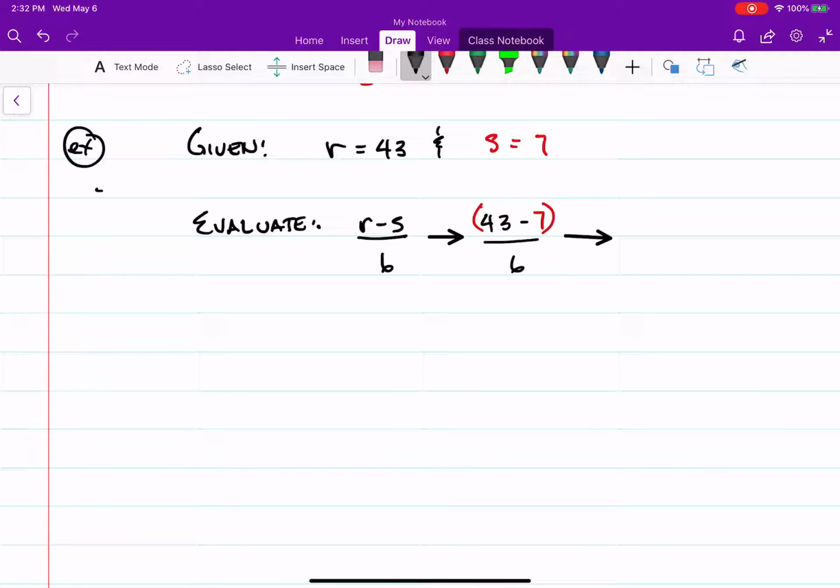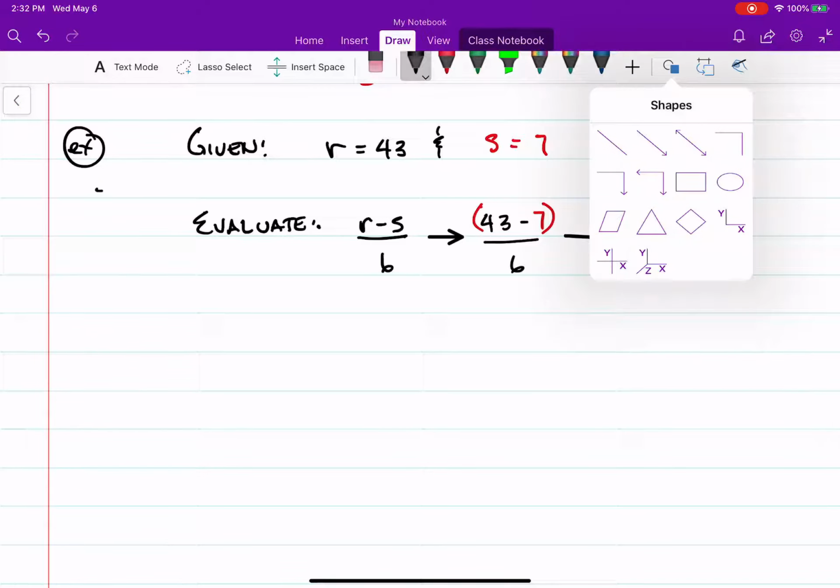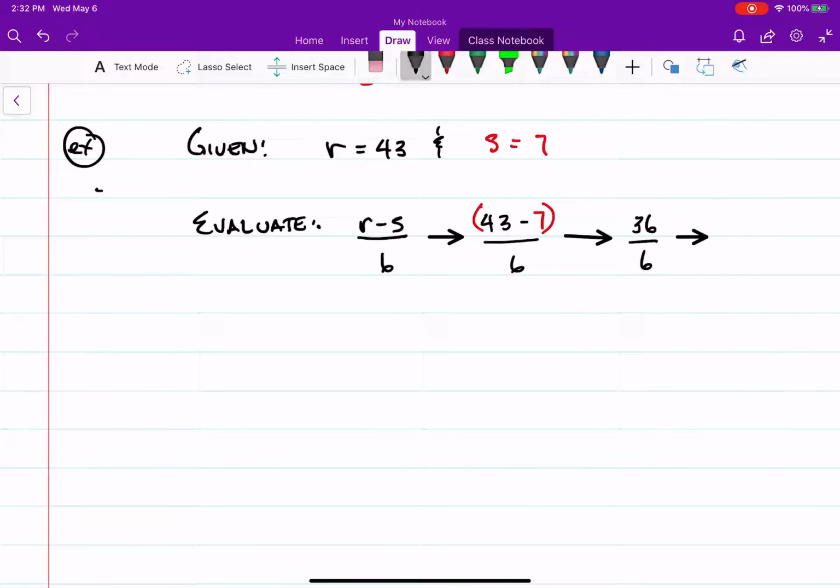So it'd be 43 minus 7 first, which gives us 36, divided by 6, which is going to give me 9. Oh, sorry, not 9. What am I doing? How about let's try a different number like 6, all right? And then that would be your answer. 36 divided by 6 is equal to 6, okay? So that is essentially what we've talked about in terms of evaluating, okay?